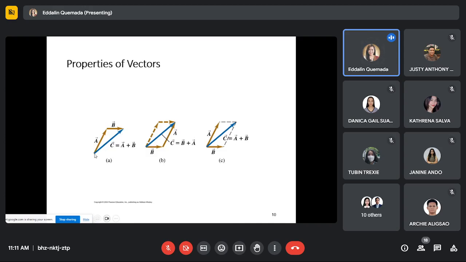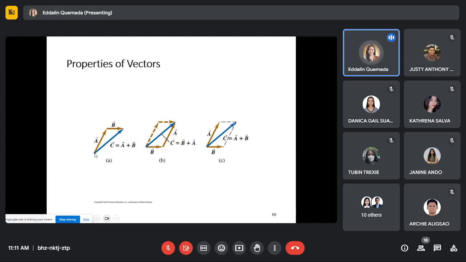So we have here vector A, north of east. Next to that is plotted vector B towards the east. And this blue colored arrow represents the resultant vector of vectors A and B.